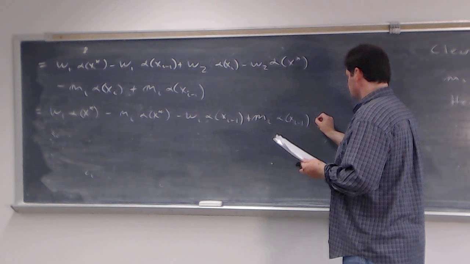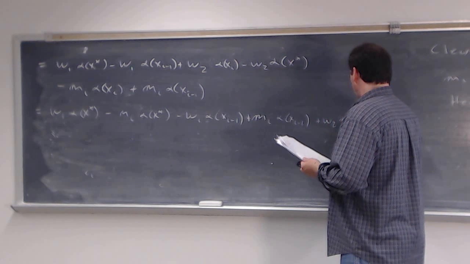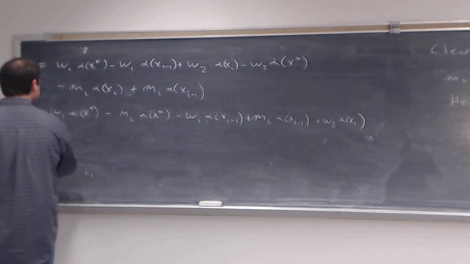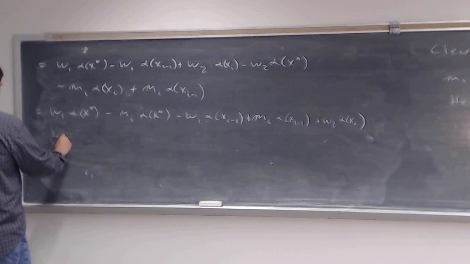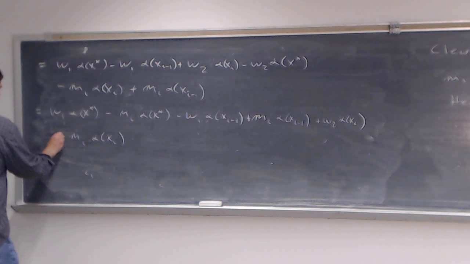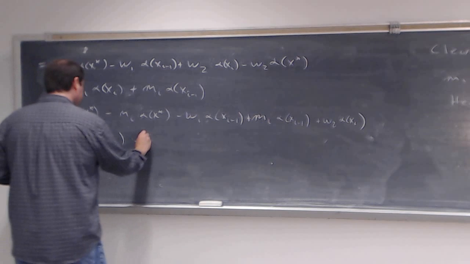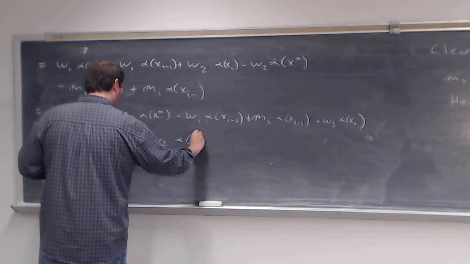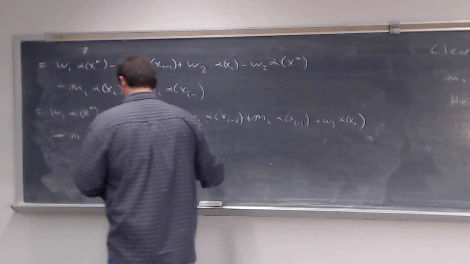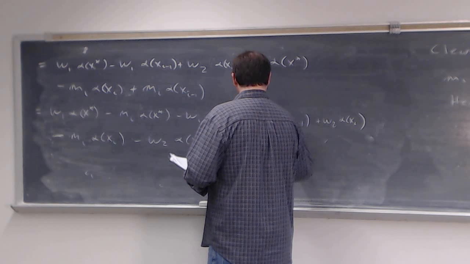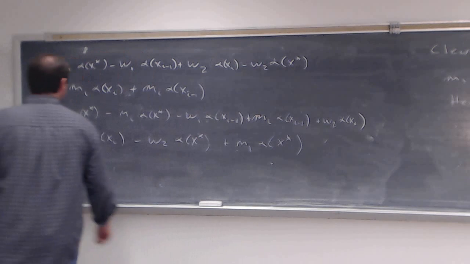Plus w2 times alpha x sub I minus m sub I times alpha x sub I minus w2 alpha x star plus m sub I alpha x star.